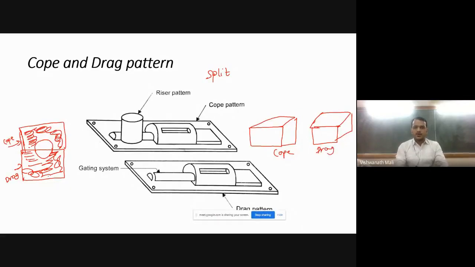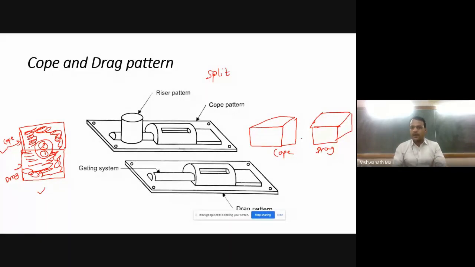See a difference. What we have done here, first we have prepared the drag. In the drag, we have kept first piece of pattern, then second piece of pattern, and then we have made the cope. So this is a continuous process, making first drag, then go for cope.